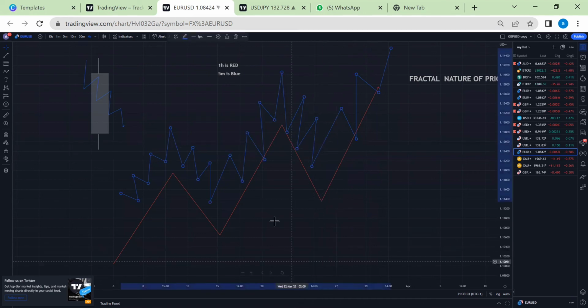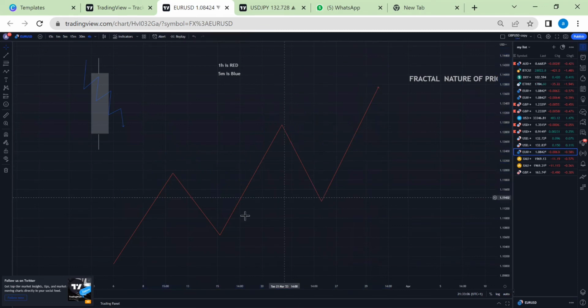Now, if you have price moving up high like this, you remember we have this previous high here. Anytime you see structure break in terms of order flow, then we have a break of order flow.